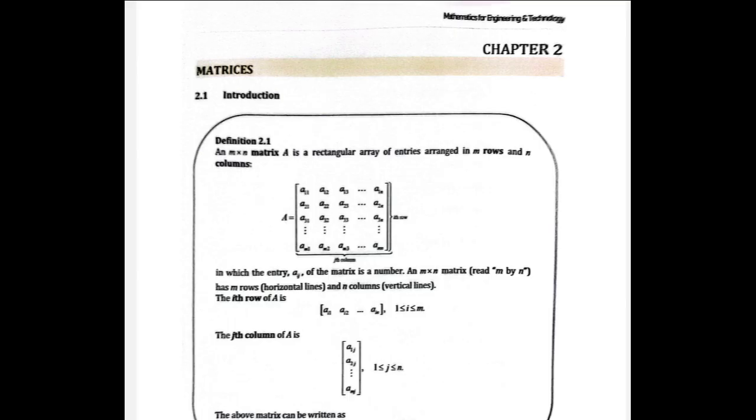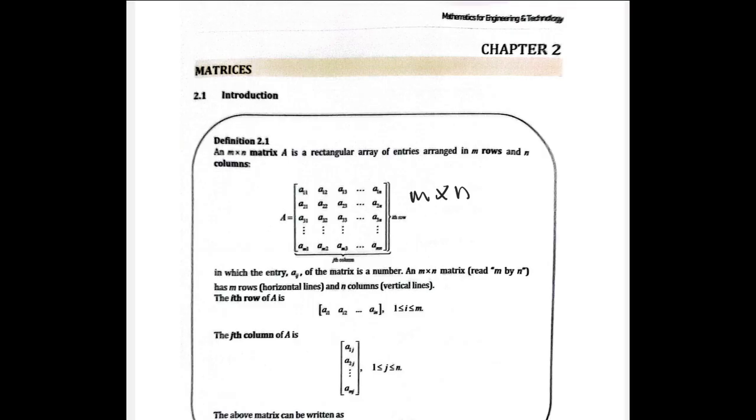If a matrix has m number of rows and n number of columns, we say it is an m times n matrix. That is what we call it.